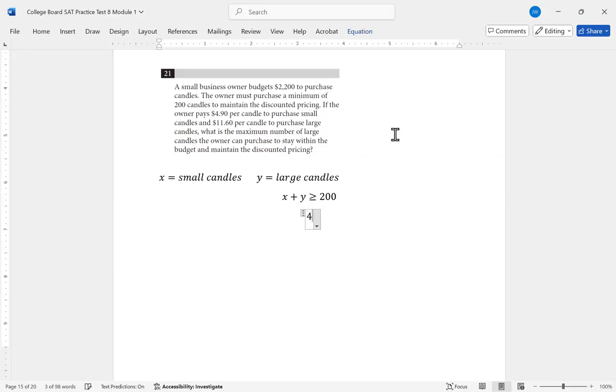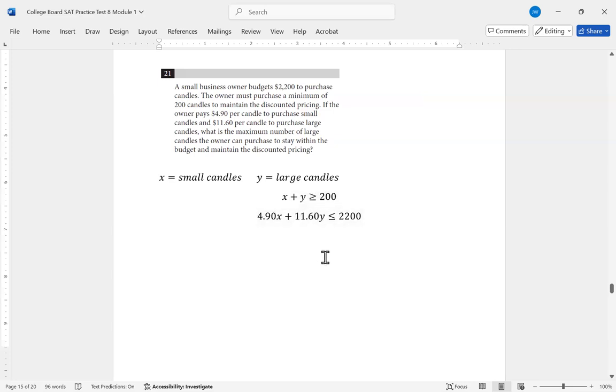When you take $4.90 times the X, you'll get the total price of the small candles, plus 11.60 times Y, which is the total price of the large candles. But this business owner only has $2,200 to purchase the candles. So whatever we do has to come out less than or equal to 2,200.